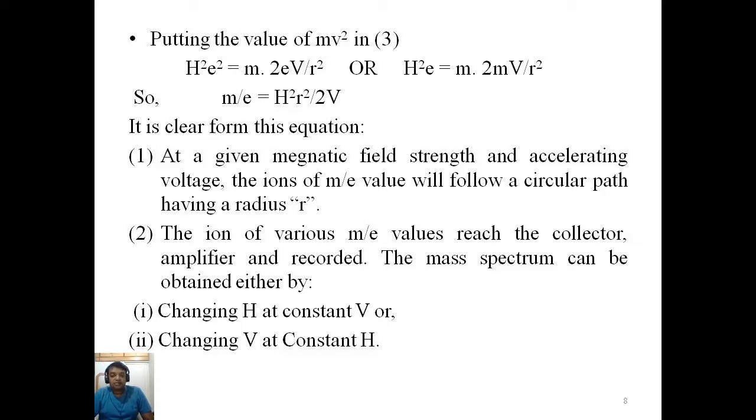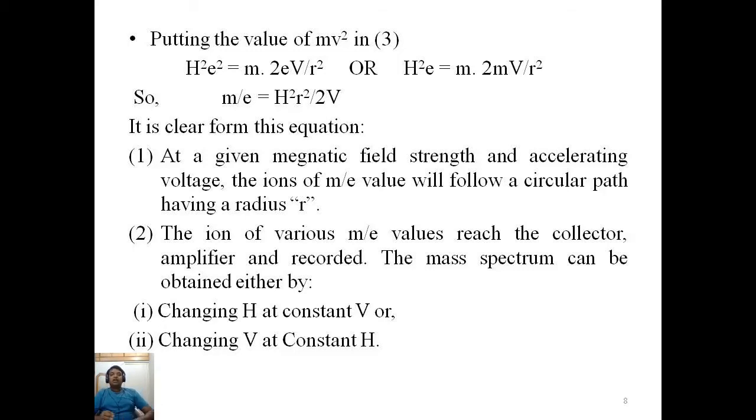The mass spectrum can be obtained either by changing the field strength at constant voltage, or by changing the voltage at constant field strength. Students, generally the mass spectrometers available in the market use the second option, which is the most effective: changing the voltage at constant field strength.